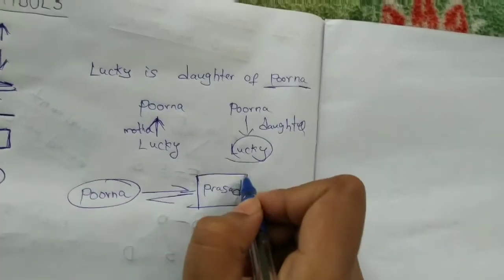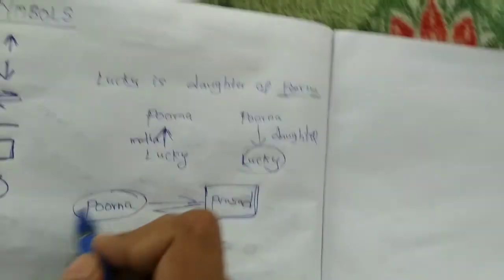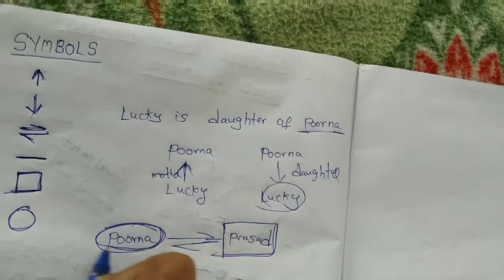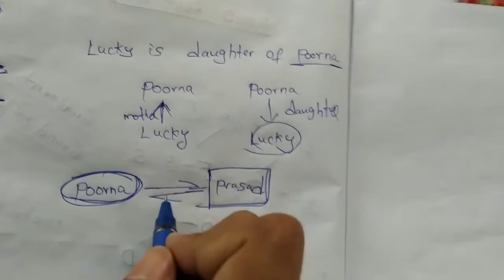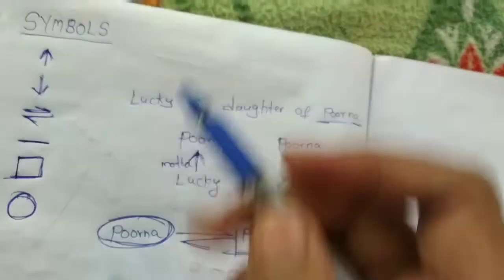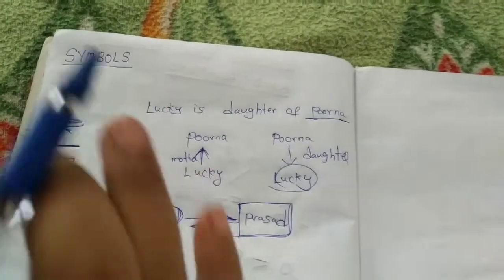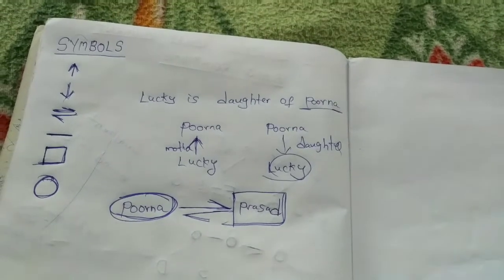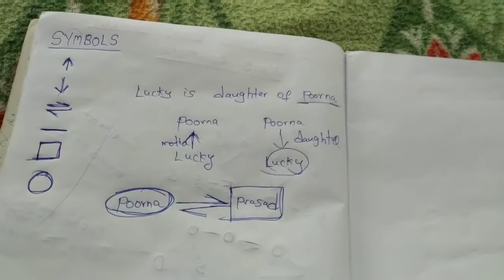See, Prasad is written in a square and Purna is written in an oval-shaped circle. Getting? Female. Now we will take one example to understand all the symbols. These symbols are not compulsory. We will use these symbols for upcoming example problems.